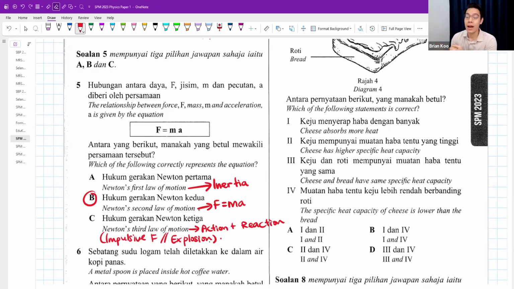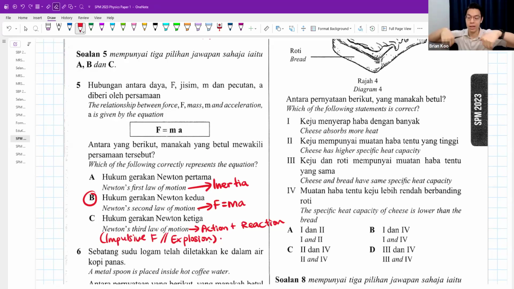Impulsive force. Explosion. Why specifically explosion only? One very good example is when you fire a gun or launch a rocket. When you launch a rocket, exhaust gas shoots out, there's an action, and as a result, the rocket is going to fly forward.